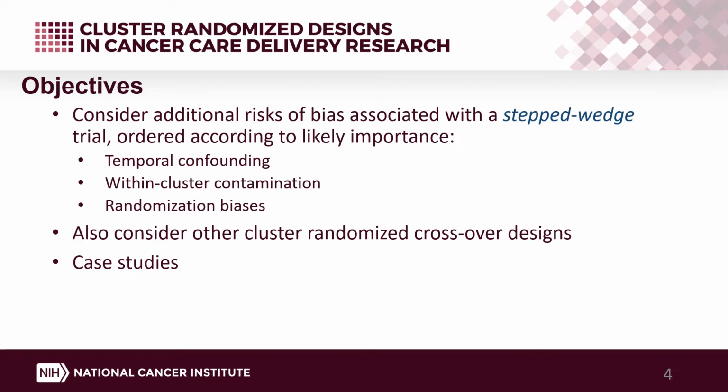So starting first with temporal confounding, moving on to within cluster contamination, and then finally looking at randomization biases. We're also going to consider other cluster randomized crossover designs, so the multiple period cluster randomized crossover design, for example, and we're going to have a look at some case studies.